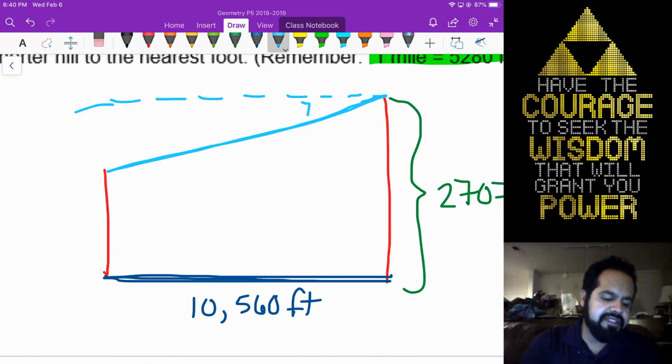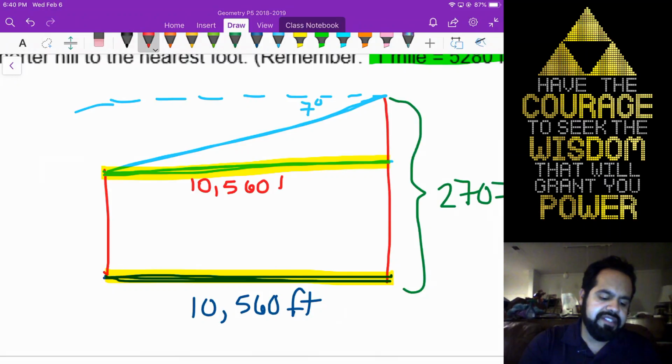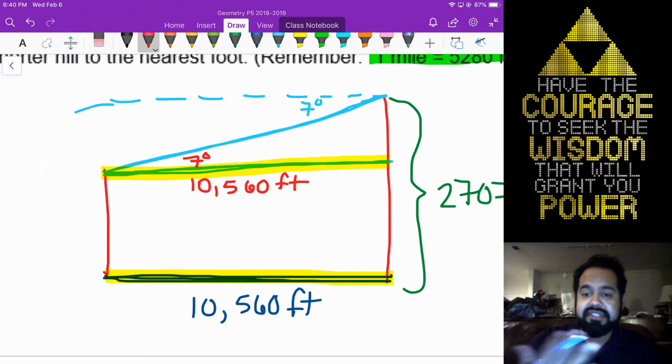If we create this line here, which is parallel to the bottom, they're also congruent, so this one is also 10,560 feet. And now I can use alternate interior angles to put the 7 degrees right there.